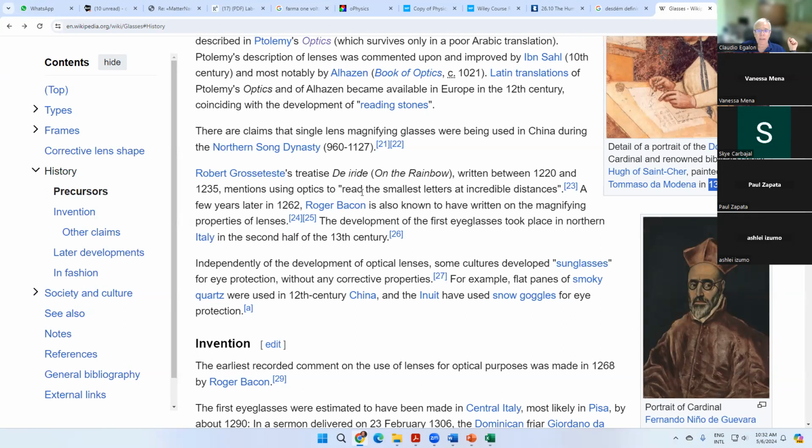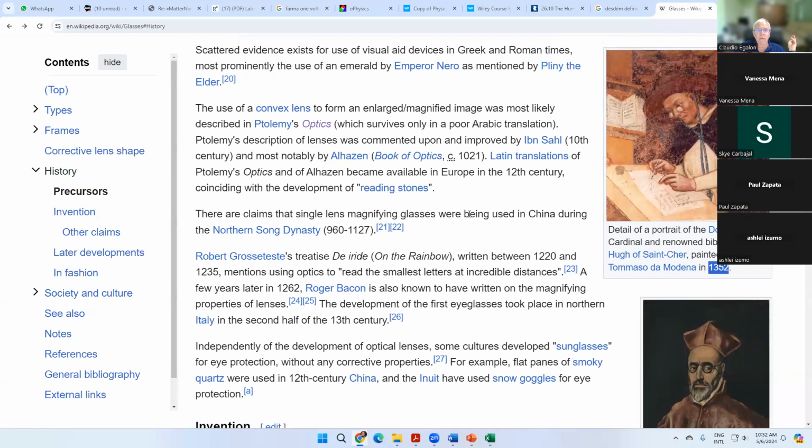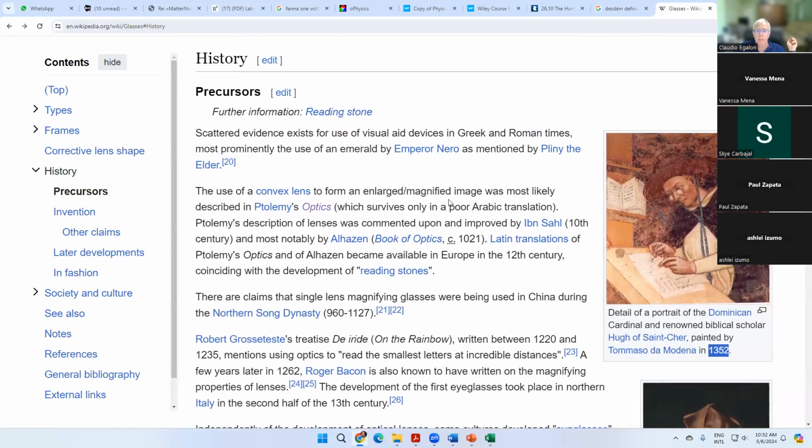Okay, mentioned using optics to read the smallest letters at incredible distances a few years later. Roger Bacon is also known. So it looks like things start to happen in the 1200s, right? They used to have visual aid devices for whoever was nearsighted or farsighted, but the evidence is only scattered.